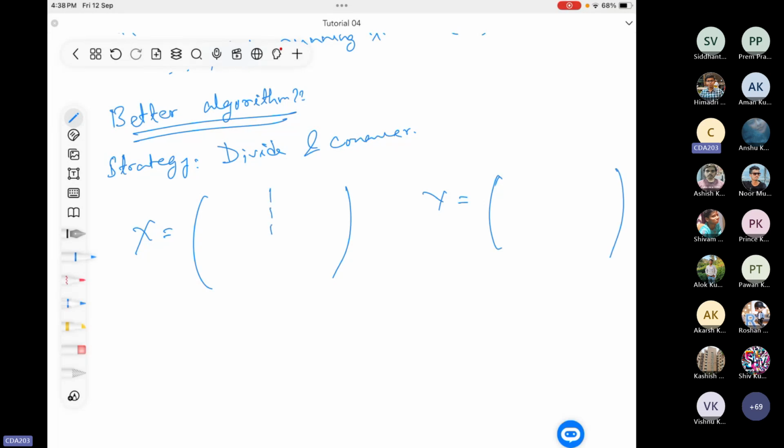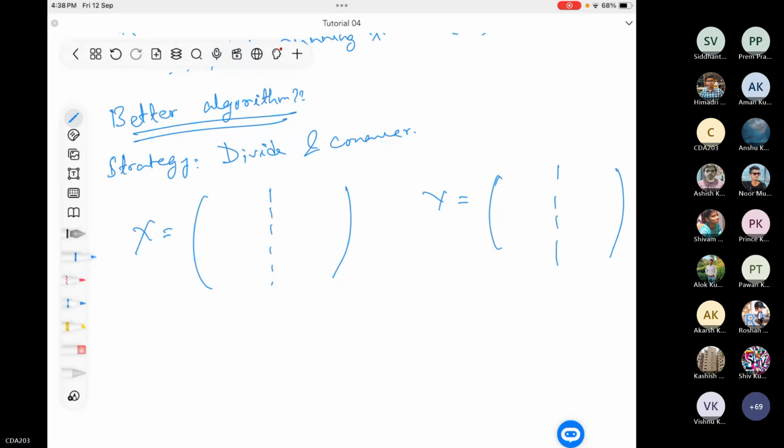Can I divide it by half like this? Does it work? If we divide it by half like this, it is no longer a square matrix, so the recursion will not work in this case.